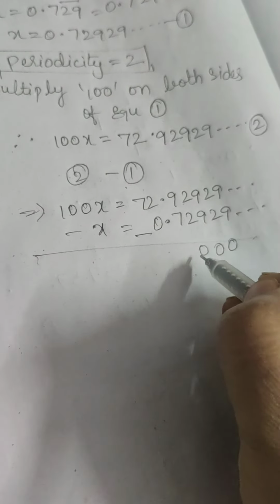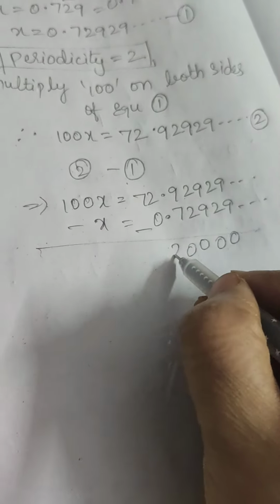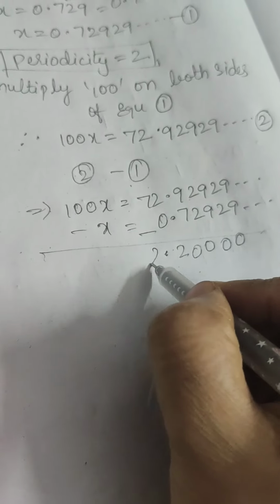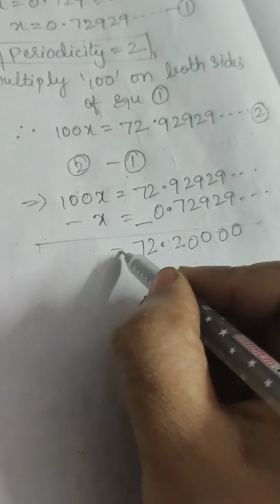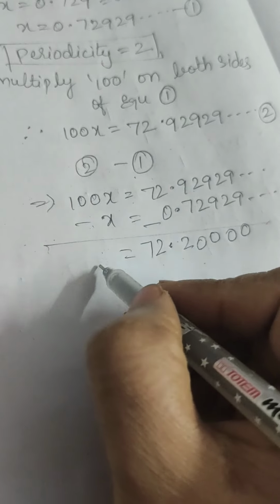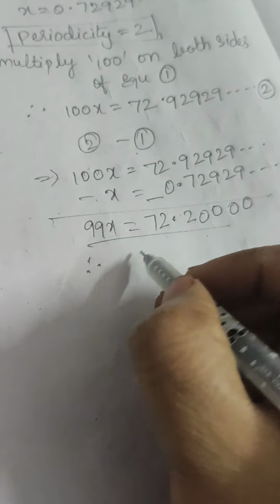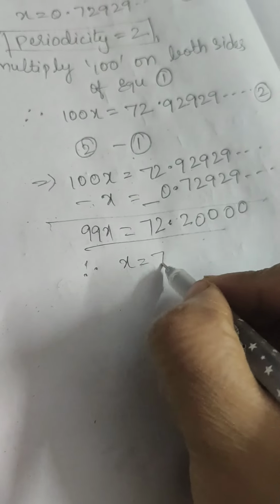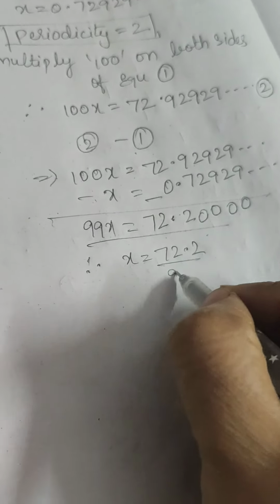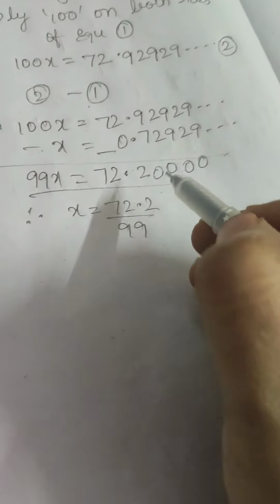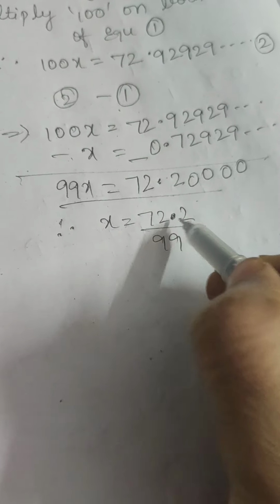Now if we subtract: 0, 0, 0, 0, 9 minus 7 becomes 2, here 2, 7 minus 0 becomes 7. 100 minus 1 becomes 99x. Therefore x is equal to 72.2 by 99. Here we are having a decimal point.